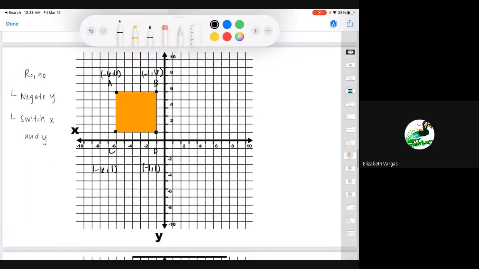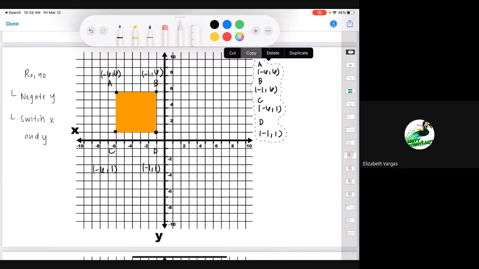Let me go ahead and write these over here. What I want to do is see where these different vertices map after this specific rotation.